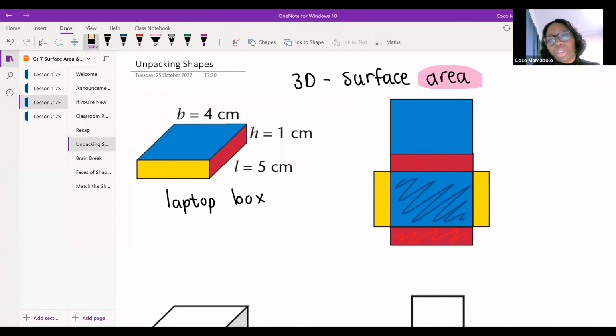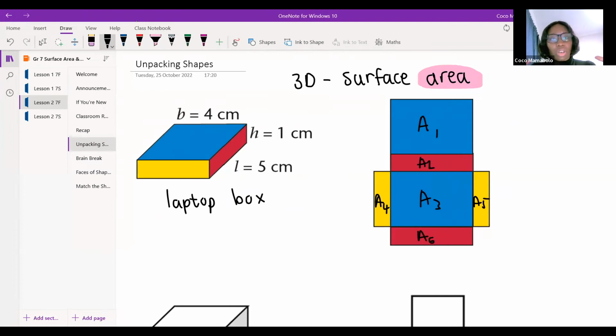How many areas are we going to calculate? Who can tell me? How many sides to my shape do I have? How many surfaces do I have? Good. There will be 6 of them. Excellent. So I'm going to find the area of this part and the area of this part. That's 2. And the area of this part, and that part, and that part, and that part.